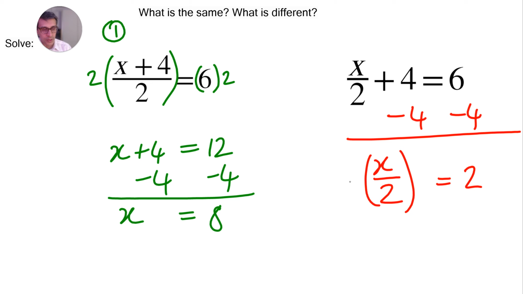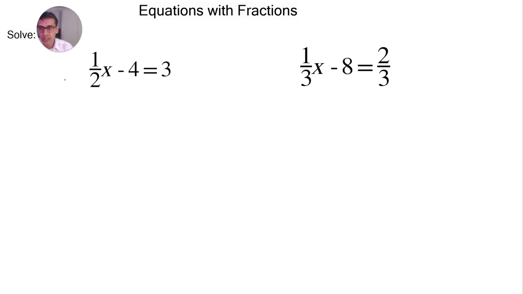And then we're going to multiply both sides by 2. And you still get the same answer, still equally valid, but you may notice this method for this question is a bit better. Okay, so have a go with both of these questions, and then I'm going to go through the answers with you. Pause the video if you need more time.